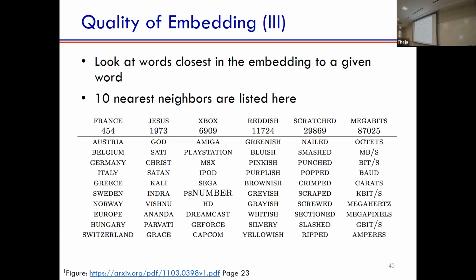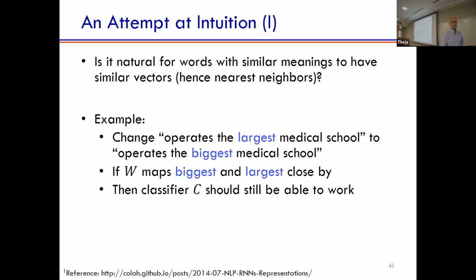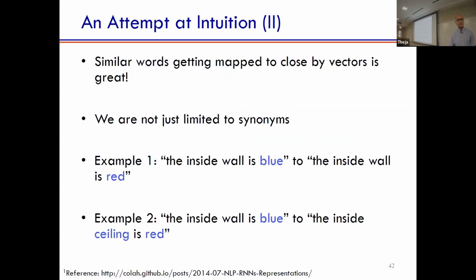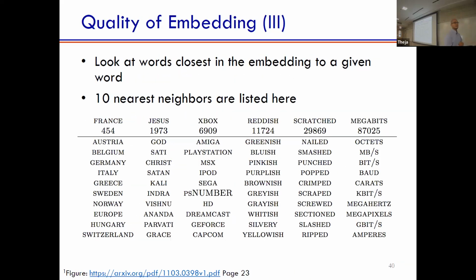Similarly, these are the nearest neighbors for some representative words in this work from 2011, just to show you that you can assess the quality of embeddings this way. Let me stop here, because the next page is talking about intuition, and I want to get to that next time when you have higher energy levels.